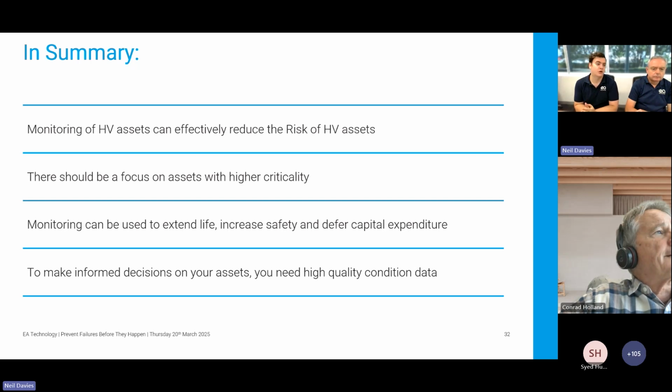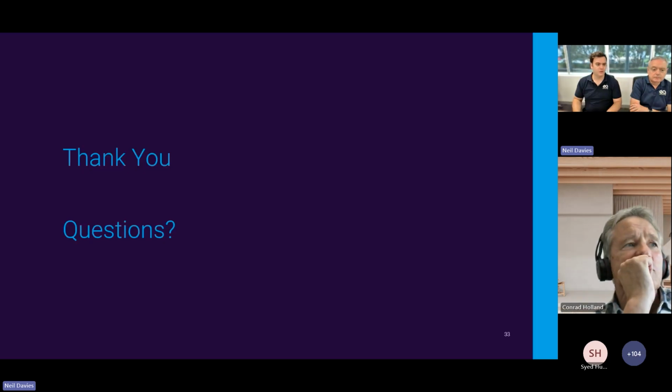And that's what the monitoring is all about. It's about getting you the best quality data in real time so you can make high quality decisions as you really take care of your network as it ages over time, which is quite good.